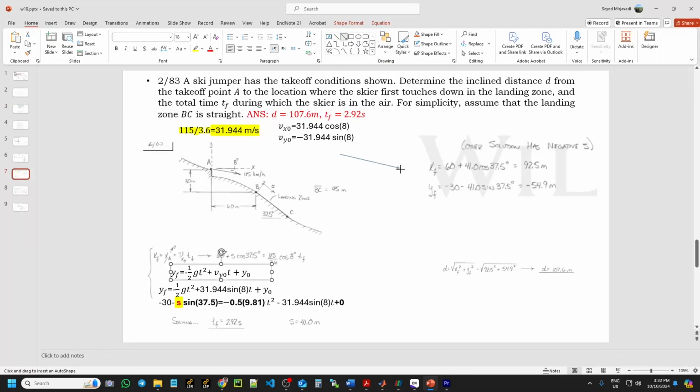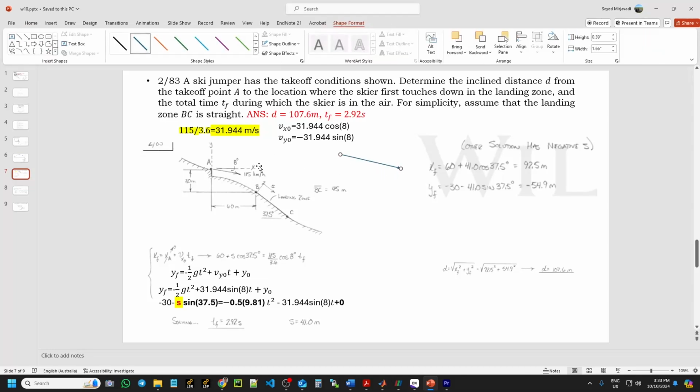So if this is the direction of the velocity, this is vy0. Okay, so if this is 8 degree, therefore the magnitude of vy0 will be this times sine 8 degree.